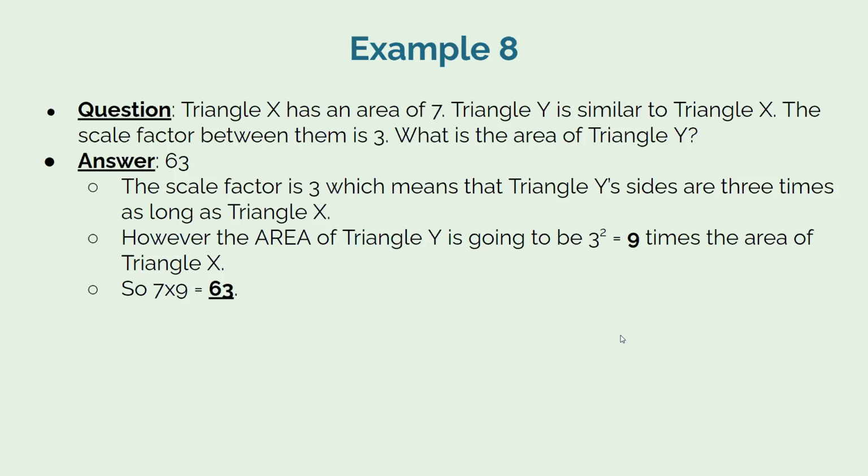Draw one square that has a side length of 1 unit, and then draw another square that has a side length of 2 units. So the second square should have a side length that's twice the side length of the first one.